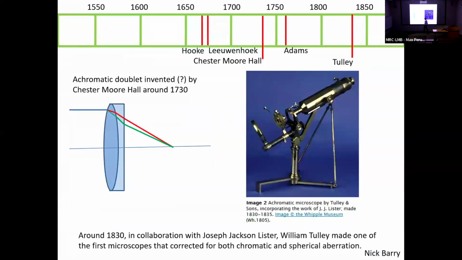That was cunningly contrived to focus red and green light to the same point. So that's a sort of color correction between the red part and the green part of the spectrum. Around 1830, Joseph Jackson Lister with William Tulley basically built the first microscope that was color corrected, at least in the green and the red, using achromatic doublets.